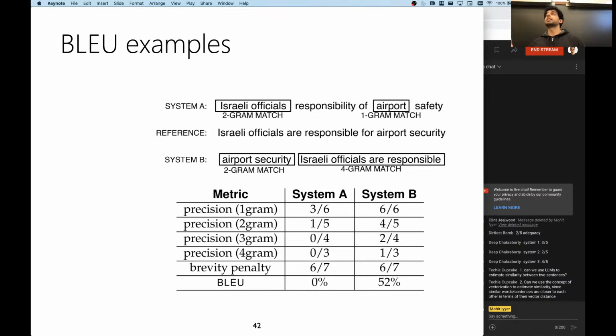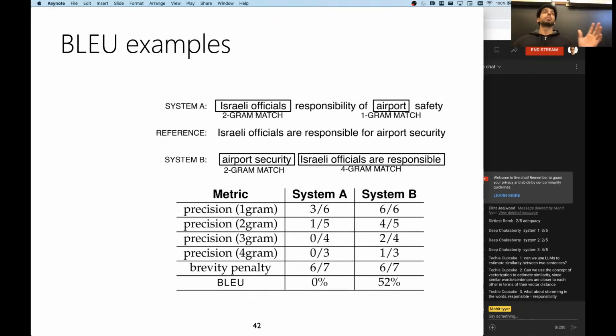But remember that it's not reliable at the sentence level for cases like this, right? If you have 0 precision on a trigram or fourgram, your BLEU score is going to be 0 at the sentence level. But at the corpus level, at the whole test set, you might still get some reliable numbers to be able to separate the 2 systems' performances.